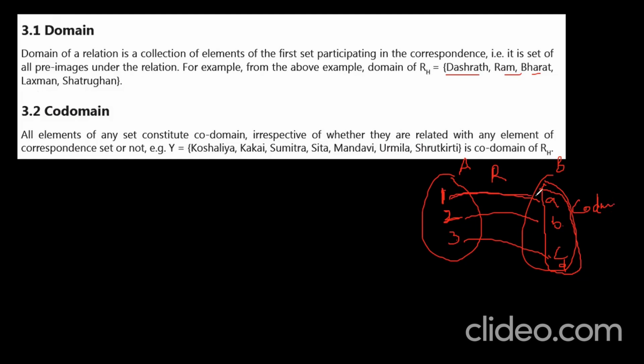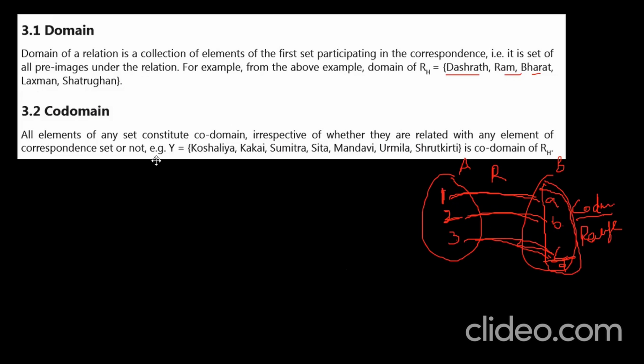But 1 to A, 2 to B, 3 to C only, so this A, B, C part can be called the range. So the range is a subset of the codomain, because in the codomain, an element may not have any correspondence with elements present in the first set. The codomain is A, B, C, D, and A, B, C is only the range. 1, 2, 3 is the domain. Is it clear?